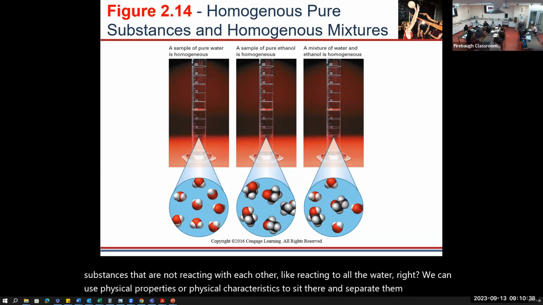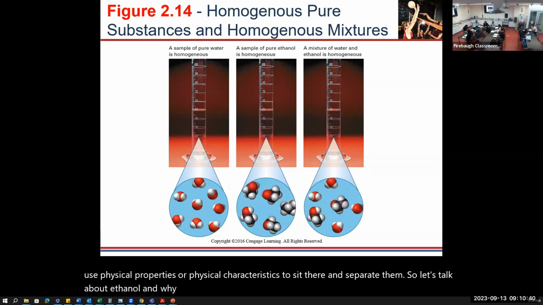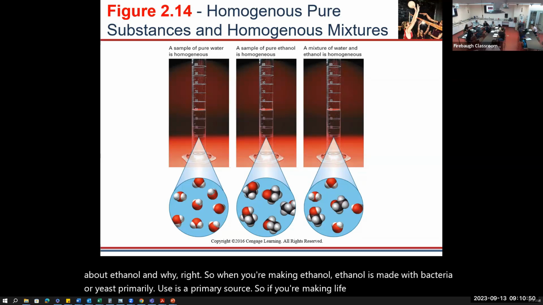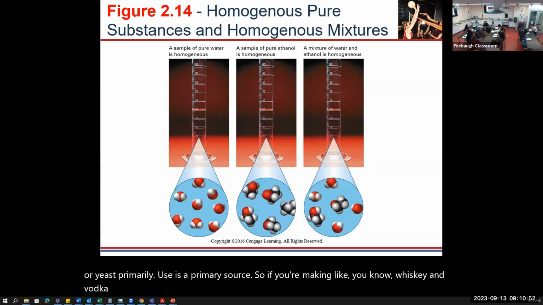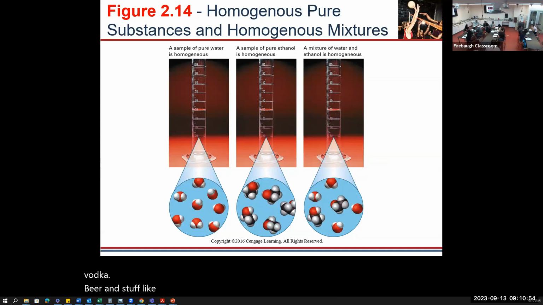So let's talk about ethanol and water, right? When you're making ethanol, it's made with bacteria or yeast. Primarily, yeast is the primary source. So if you're making whiskey, vodka, and beer and stuff like that, you use yeast. It goes through a process called fermentation.